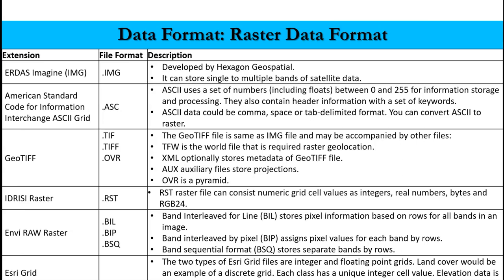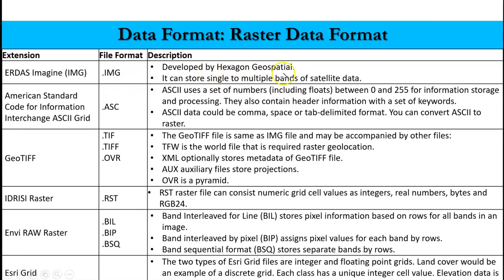This slide shows the raster data formats only. Extensions, ERDAS Imagine: when you see the .img format, this is the ERDAS Imagine extension, like .jpg we see for pictures. So this is .img. When you see img, it means this is raster data.